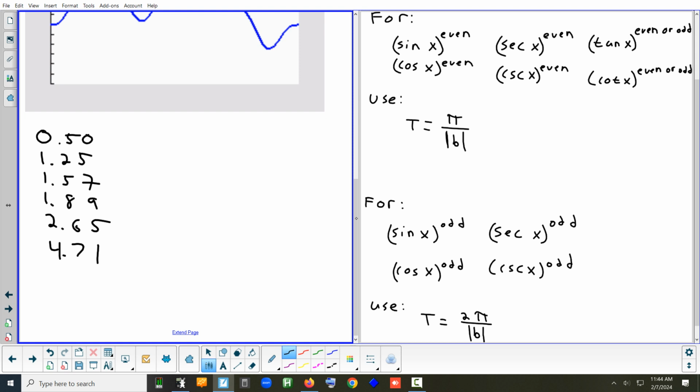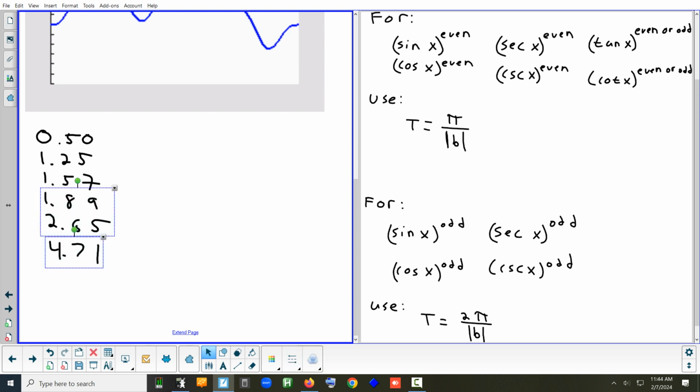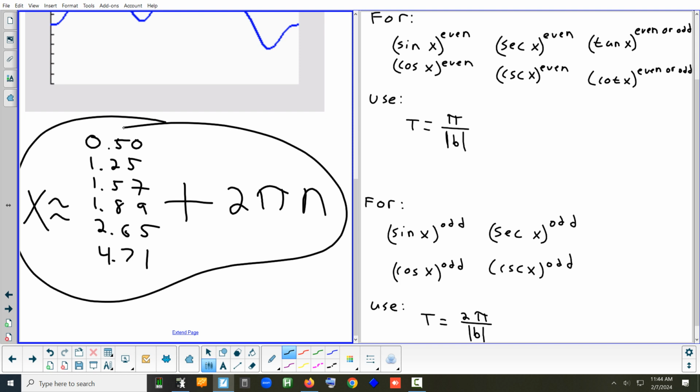I'm going to say x is approximately all of those plus, and what would go on the end of each one of them? Yep, 2 pi. That's not really the most mathematically formal way of writing the answer, but that gets the idea of what you're looking for. Any question how you'd find those 6?